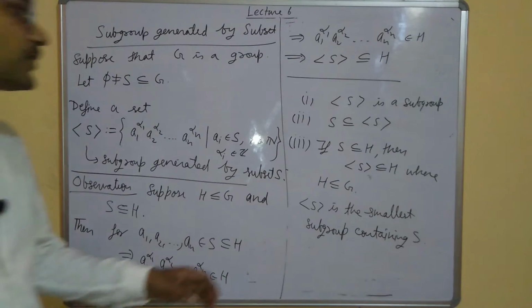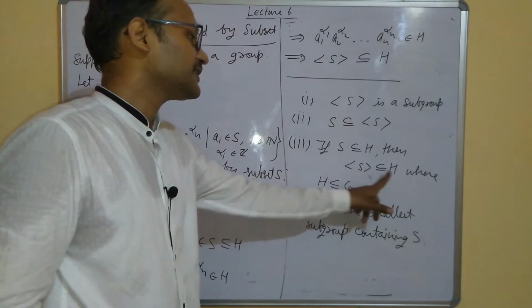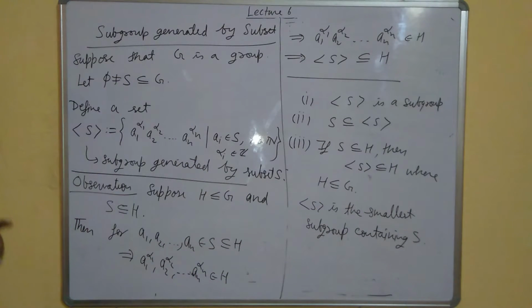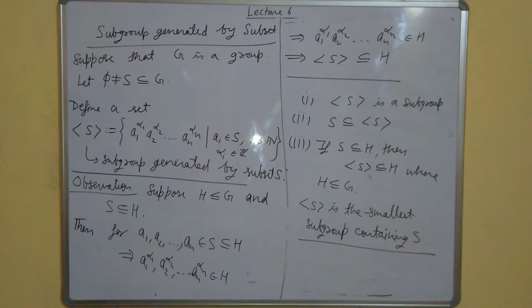Because any subgroup which contains S will also contain this subgroup. So this is the smallest subgroup containing S. Is it okay? Now I will describe this thing in another way.